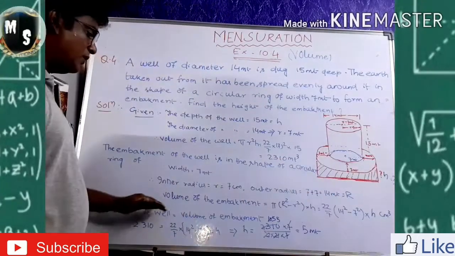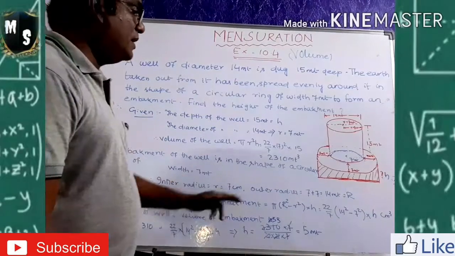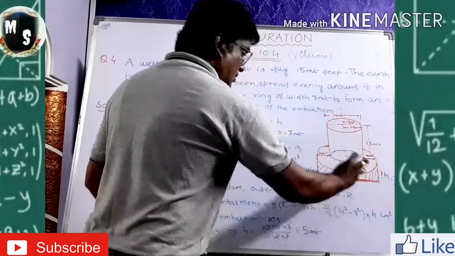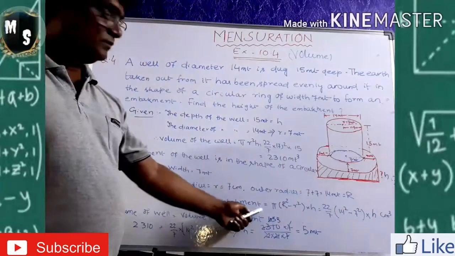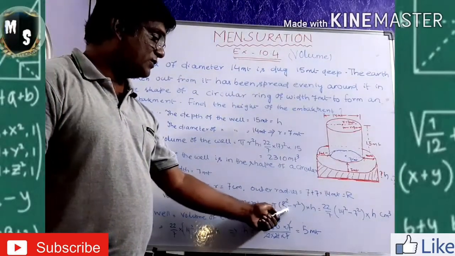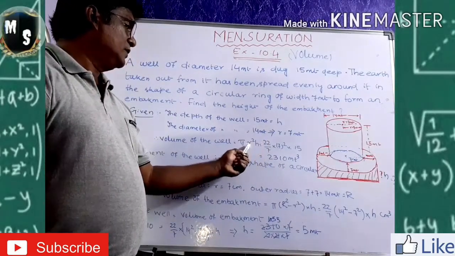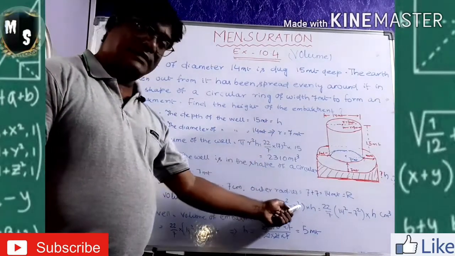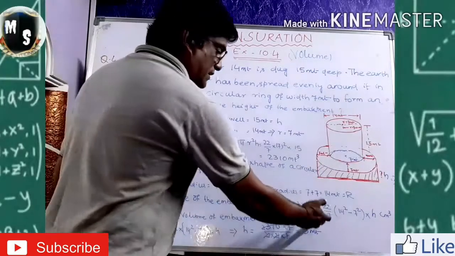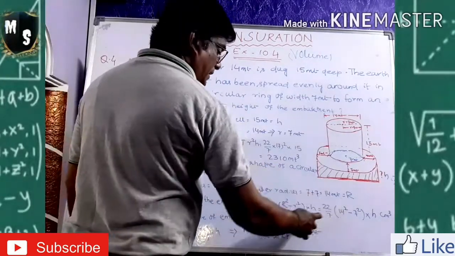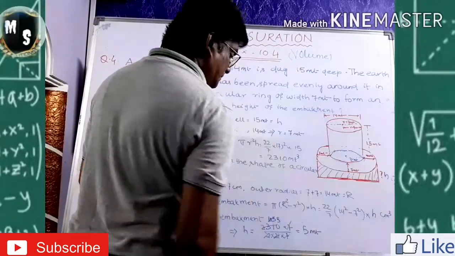Now we have to find the volume of the embankment. What is the volume? As it is a hollow cylinder. See now, this part is a hollow cylinder. What is the volume of a hollow cylinder? Pi into R square minus r square into h. That is 22/7. Outer radius is 14. 14 square minus 7 square into h.